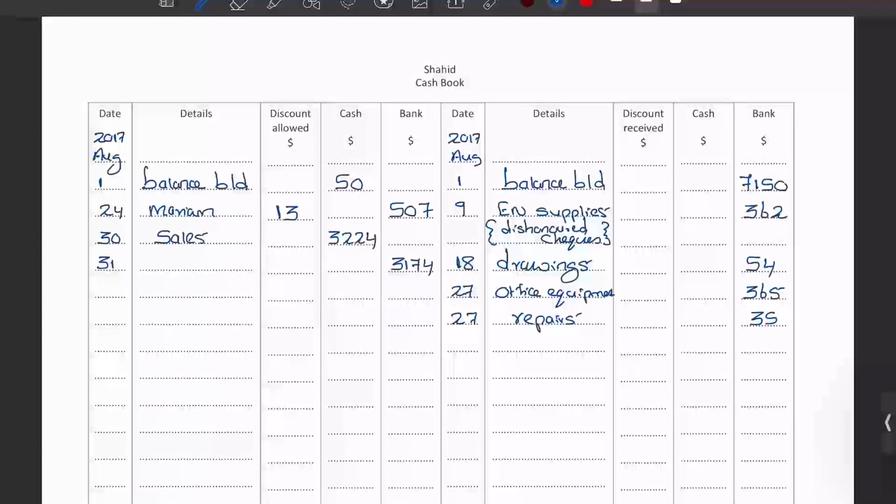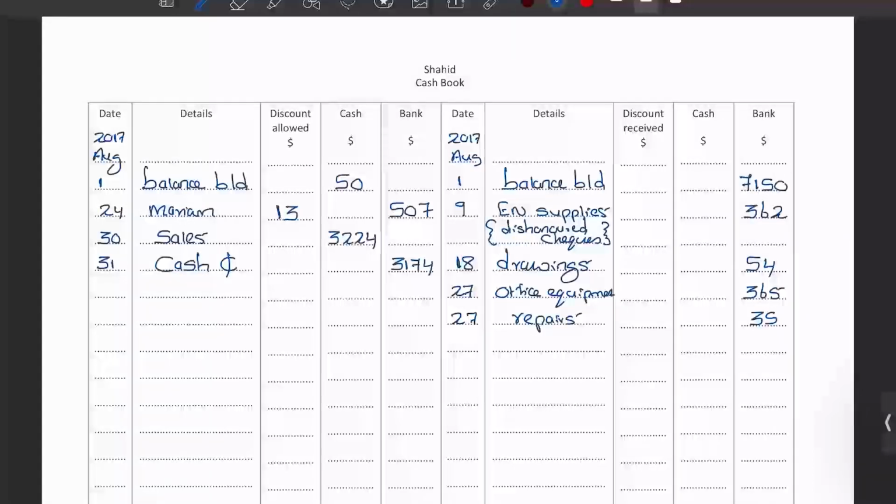What will you write here? Cash. What did you go and put into the bank? Cash. Money in the bank will increase. What will happen to cash? Cash of the business will reduce, right? You had 3274. If you go and put 3174 cash into the bank, cash will reduce.